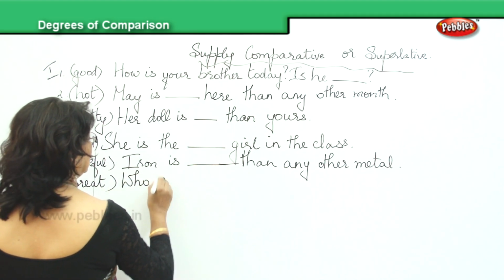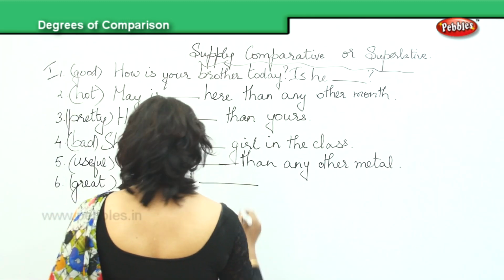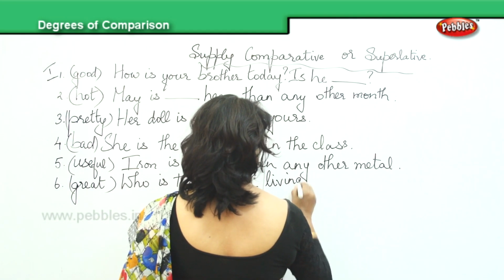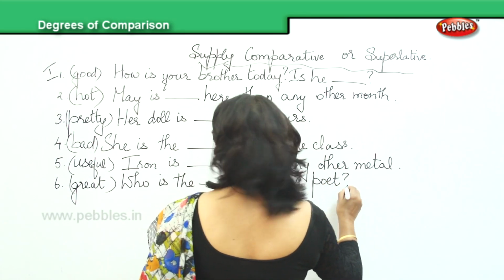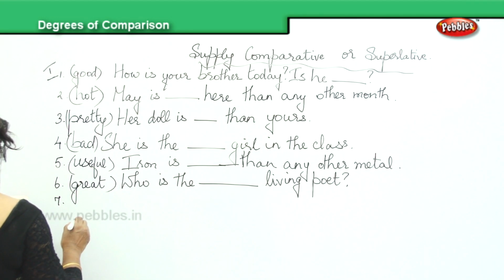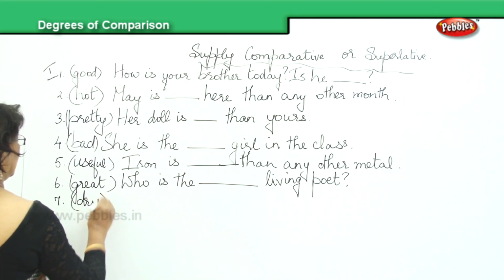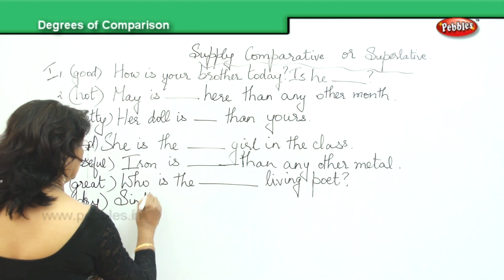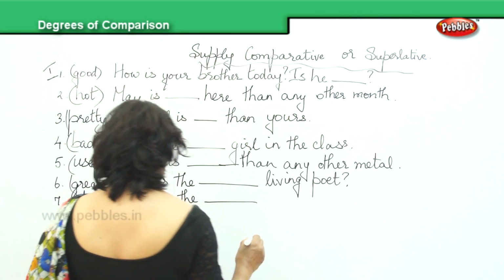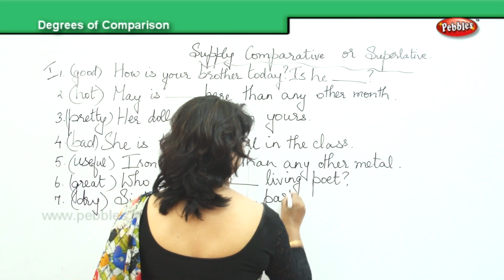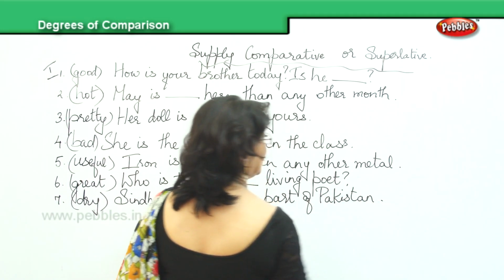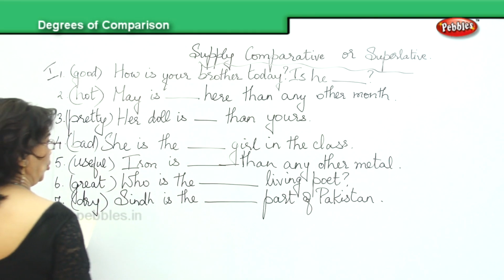Who is the dash living poet? Dry. Sindh is the dash part of Pakistan.